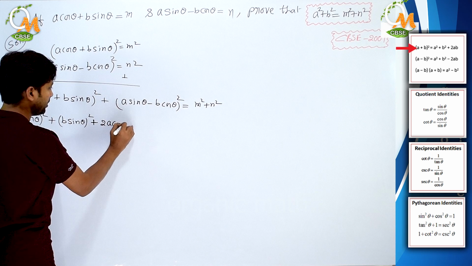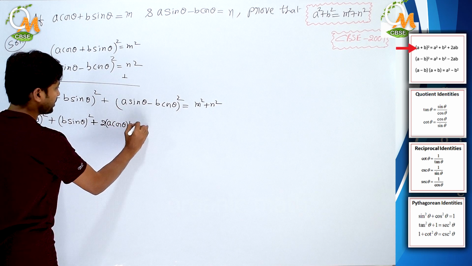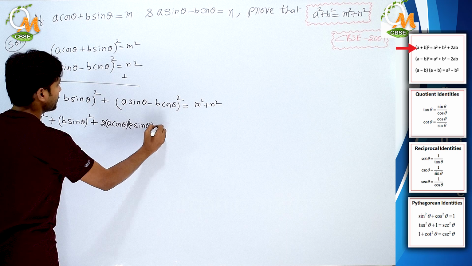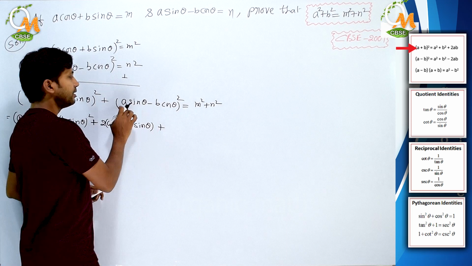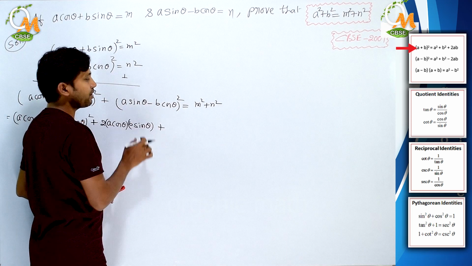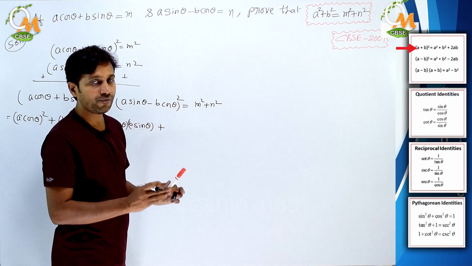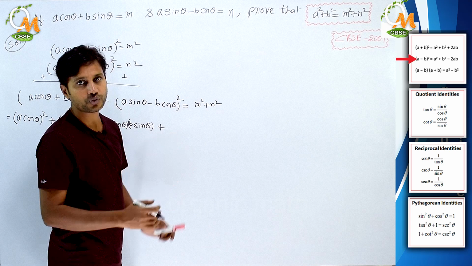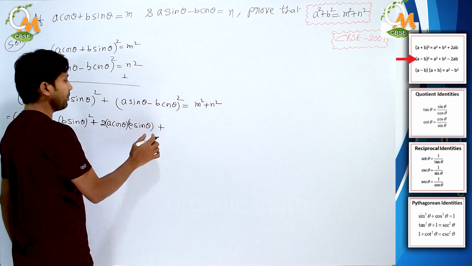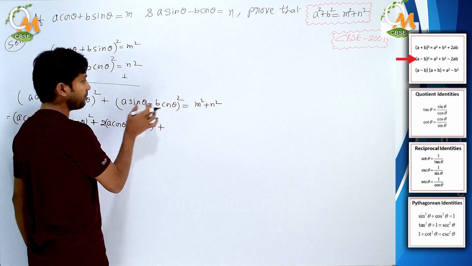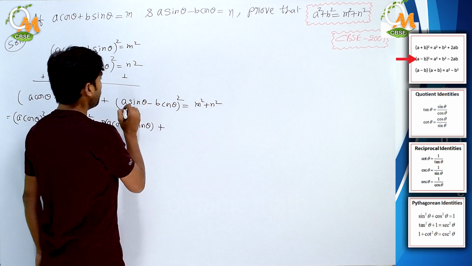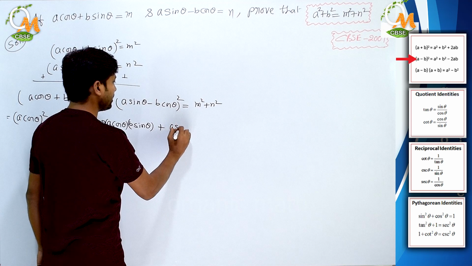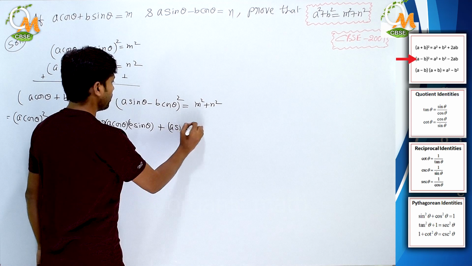Plus here this is a sin theta minus b cos theta whole square, which is in the form of a minus b whole square. So we can expand this as a square plus b square minus 2ab. What is a square? a sin theta whole square.